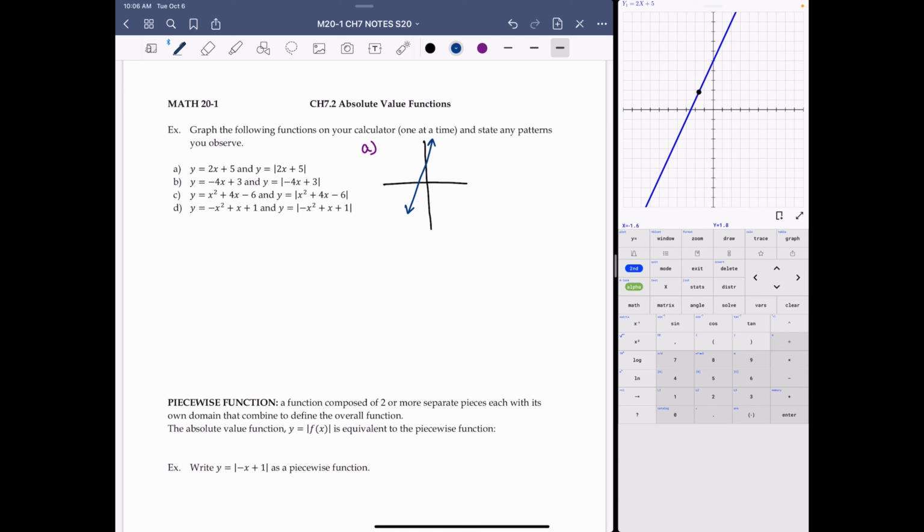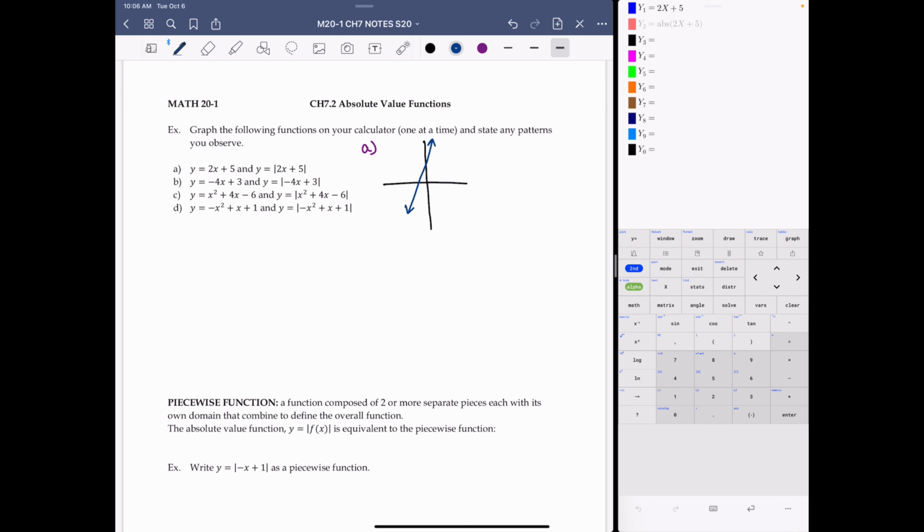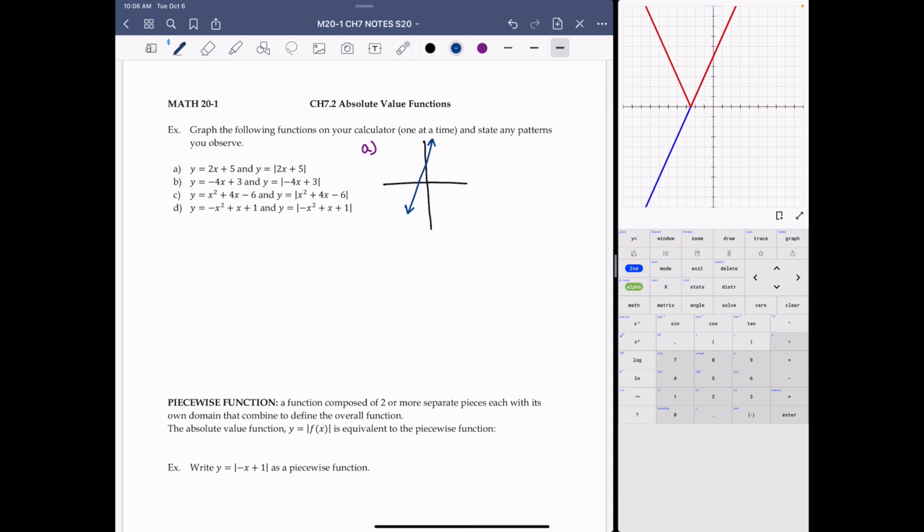And if I go back to y equals and go to my y2 and hit enter again to turn it back on, graph, and again, we can't see it. So we know it's there. It's just being covered up by the absolute value function. Okay, so our absolute value function looks something like this.